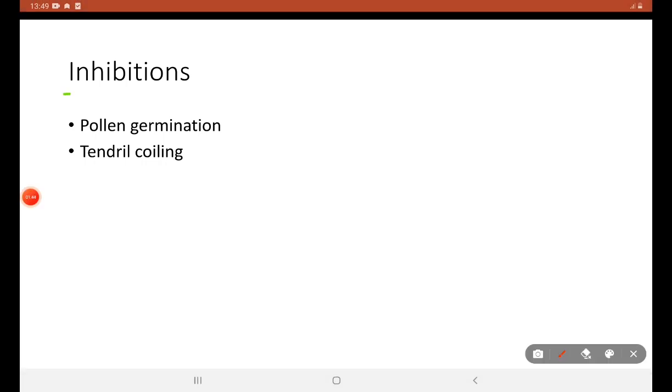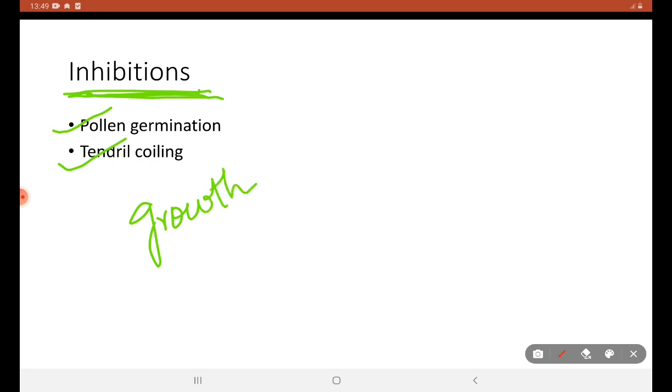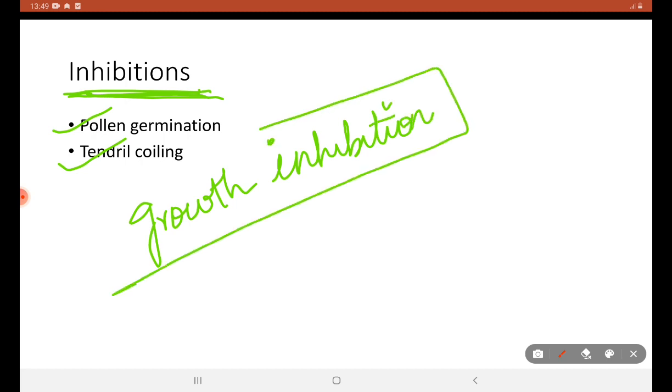What are the inhibitions that Jasmonic acid is associated with? It is associated with inhibition of pollen germination and tendril coiling. It is also involved in growth inhibition.